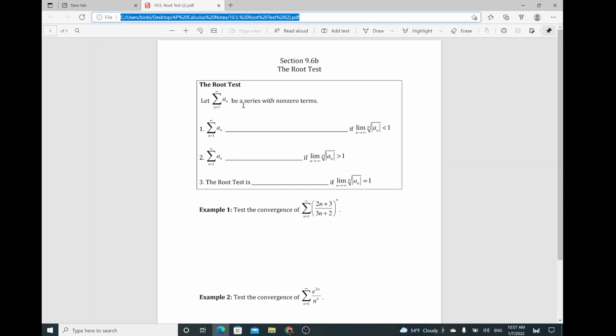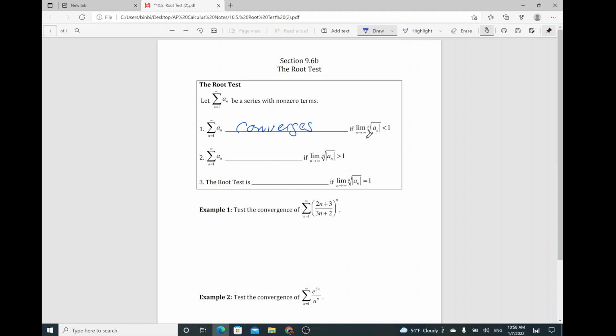Here's the definition of the root test. Let the series a sub n be a series with nonzero terms. The series a sub n converges if the limit as n goes to infinity of the nth root of the absolute value of a sub n is less than 1.